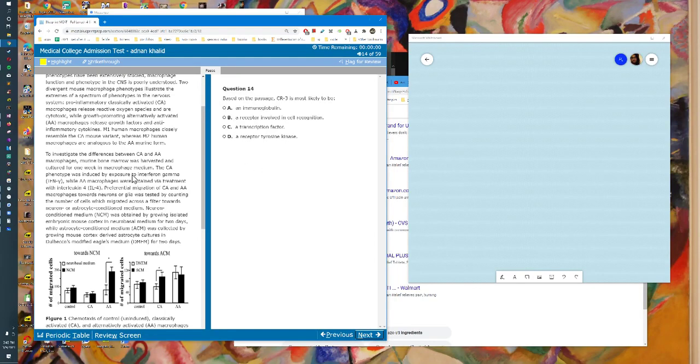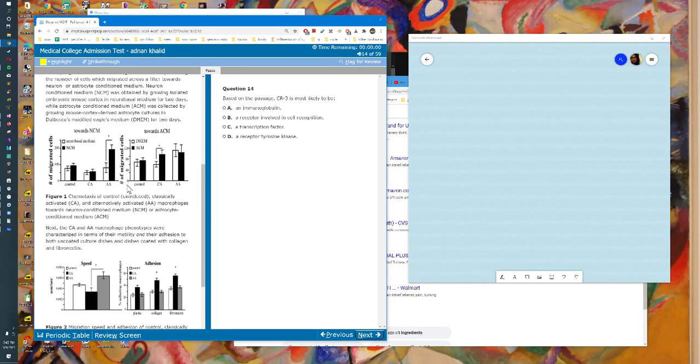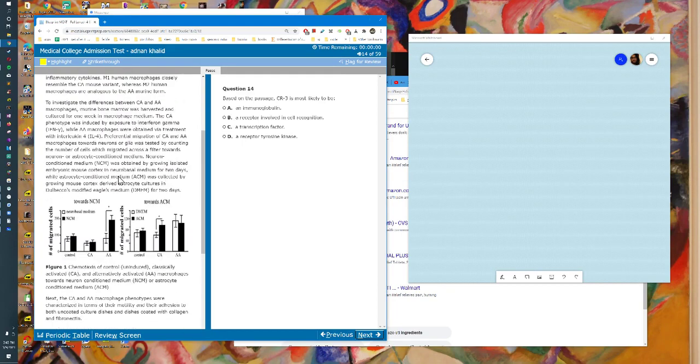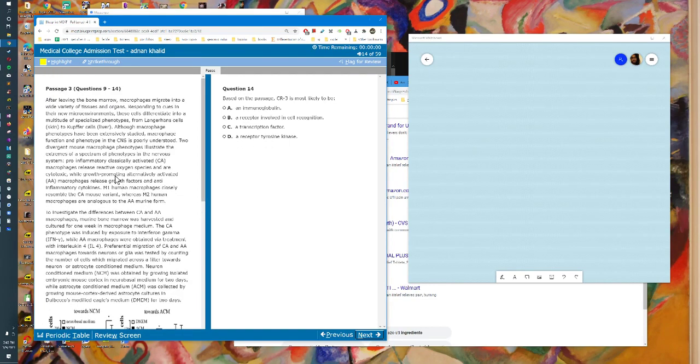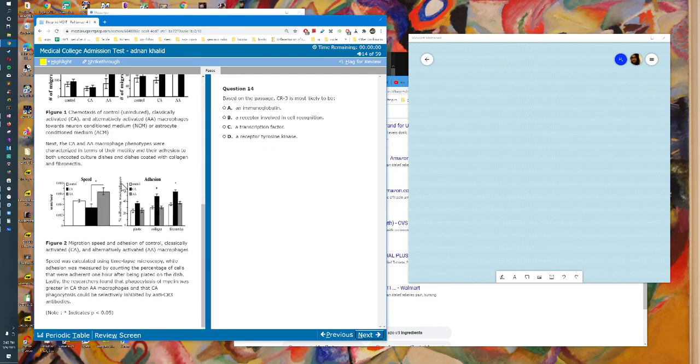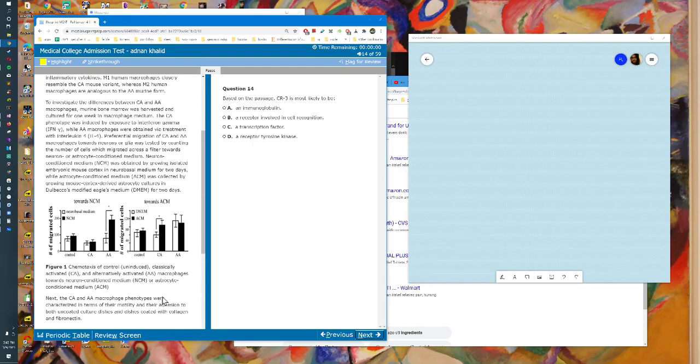CR3, where does it say that? Anti-CR3 antibodies.